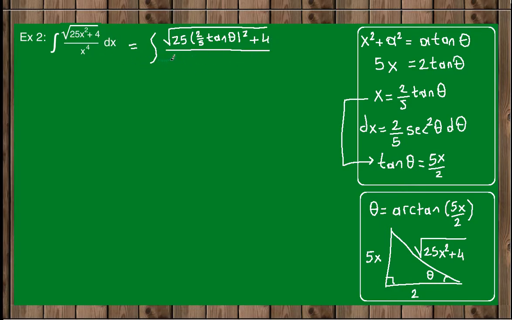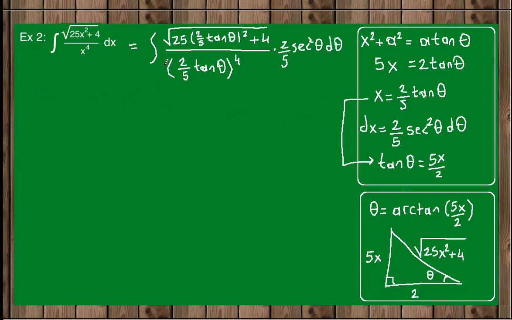Instead of x to the 4th, again, we're going to write 2/5 tangent theta raised to the 4th power. And instead of dx, we're going to use dx here, which is 2/5 secant squared theta d theta.